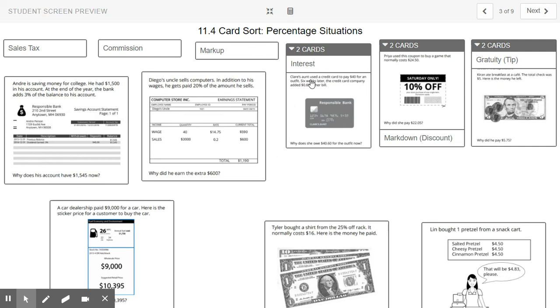So she could have paid the $40 and just paid the $40 if she did it within the month, okay? After the month is up, anything you didn't pay for, they charge you interest on it, okay? So in this case, she ended up paying 60 cents more on her outfit because she didn't pay off her credit card right away. All right.